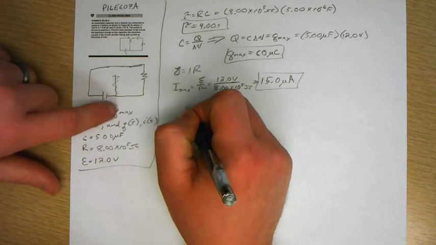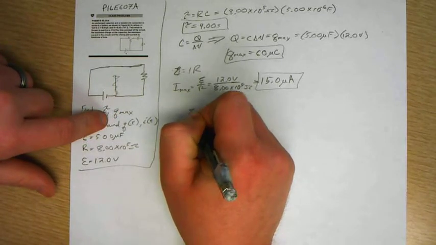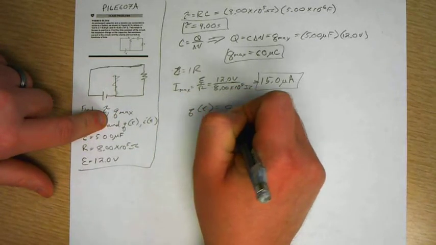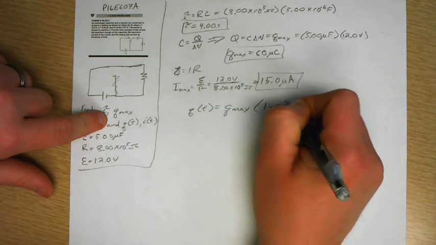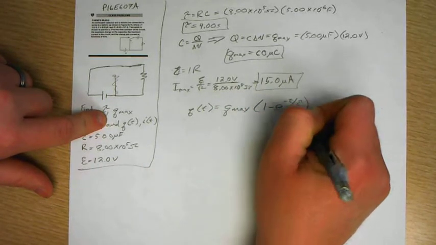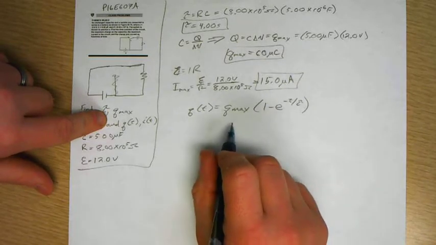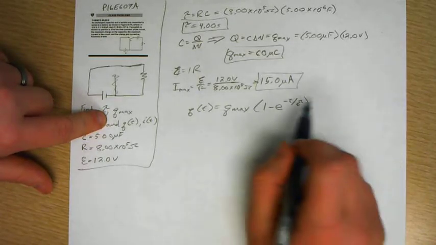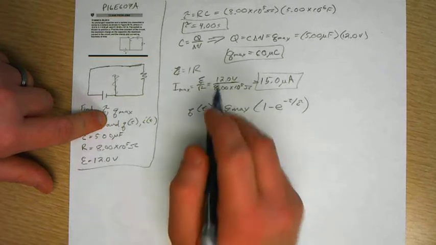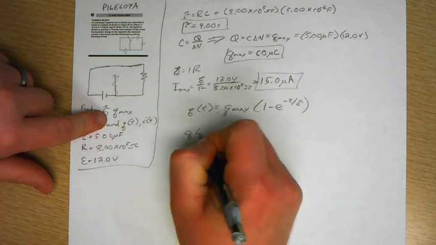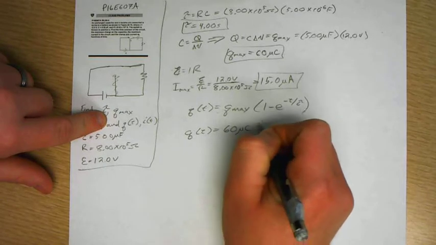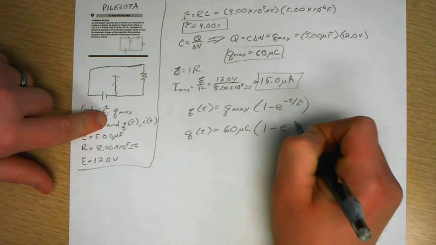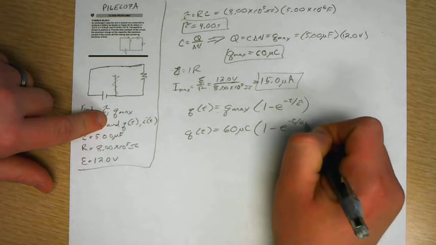So the charge as a function of time is just Q of t equals Q max times 1 minus e to the negative t over tau, or over RC. And we already have the time constant, and we already have Q max, so we can say Q of t is equal to 60 microcoulombs times 1 minus e to the negative t over 4.00 seconds.